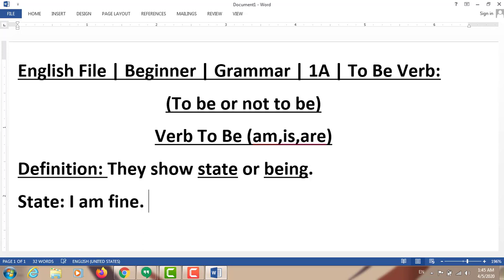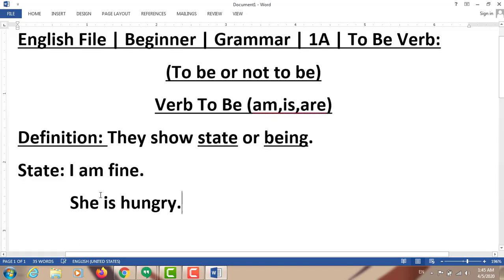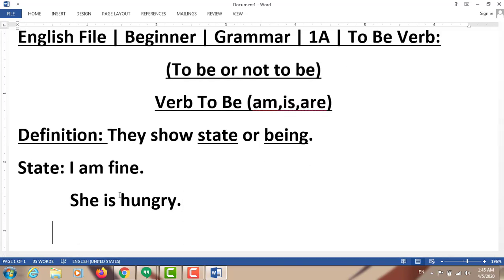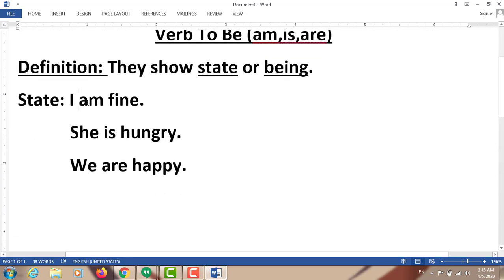That's your state. She is hungry. That's her state. And you say, we are happy. So these are to be verbs. Can you see?